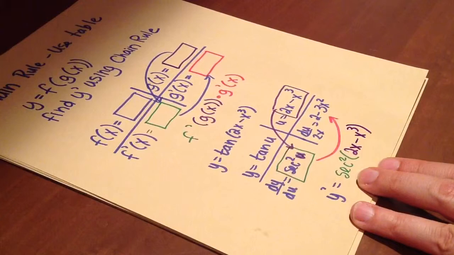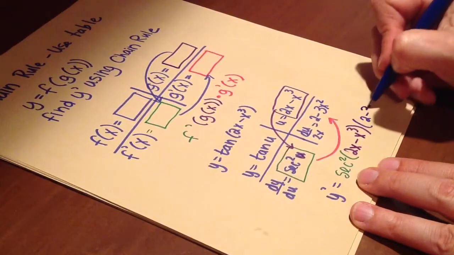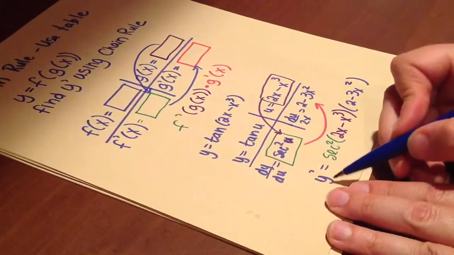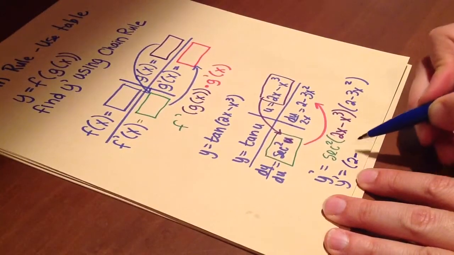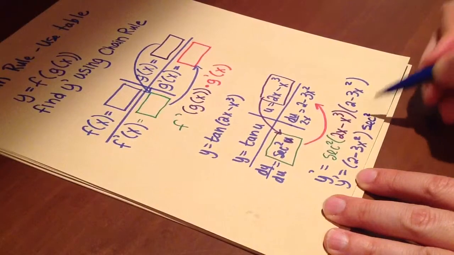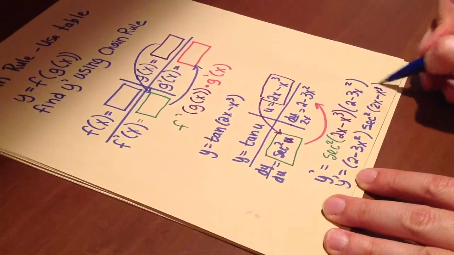And then I'm going to multiply by 2 minus 3x squared. Okay? So the first derivative is going to be equal to 2 minus 3x squared times the secant squared of 2x minus x cubed. Okay?